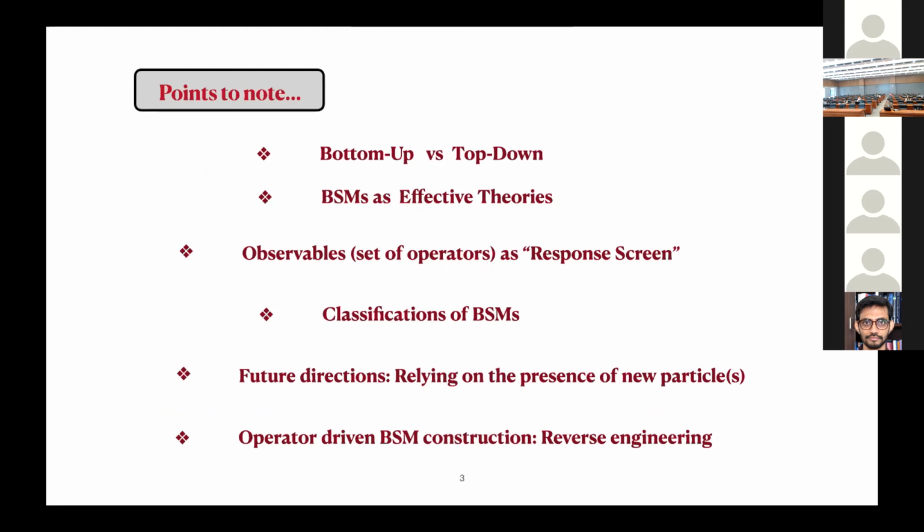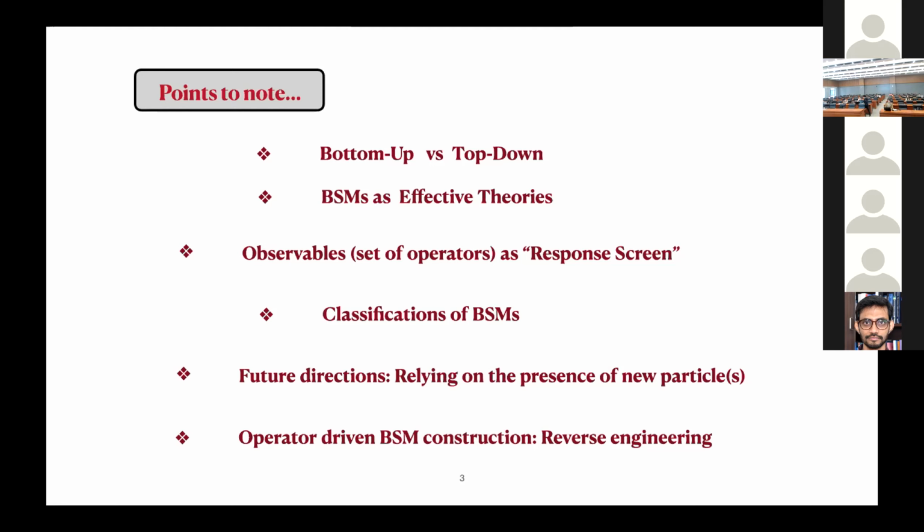Then I'll talk about how different kinds of BSM theories we can realize in terms of an effective theory, and how these theoretical calculations connect, from the experimentalist point of view, to the set of operators which actually affect different observables. We'll use them as a kind of response screen, and then we'll adjudge how different UV theories respond with respect to different observables, and that will help us discriminate different models and their behaviors.